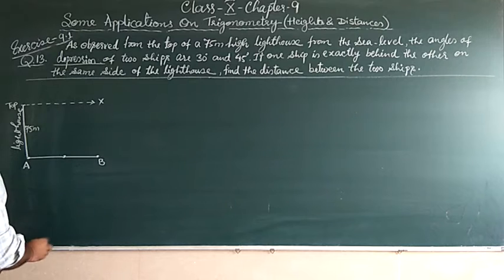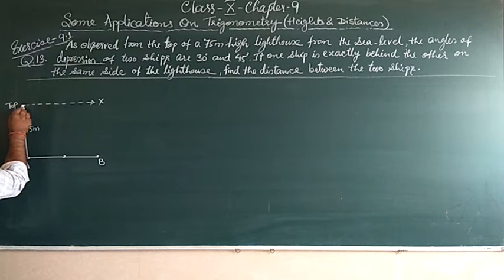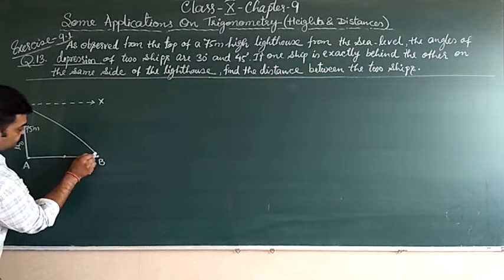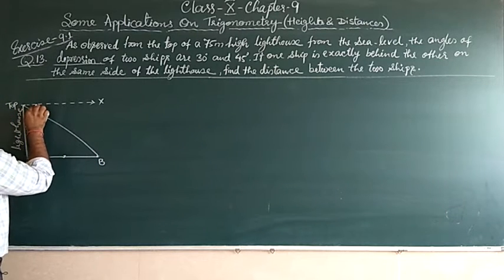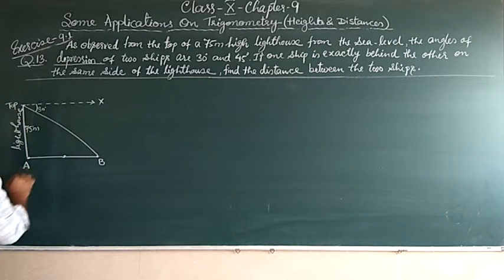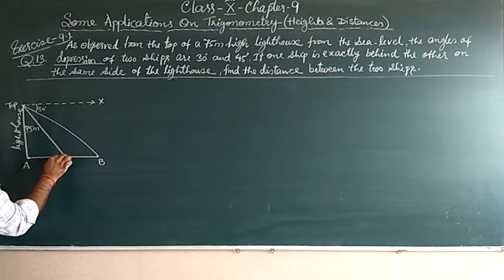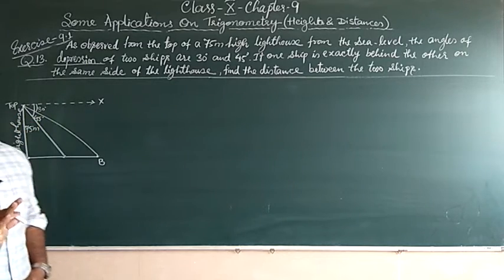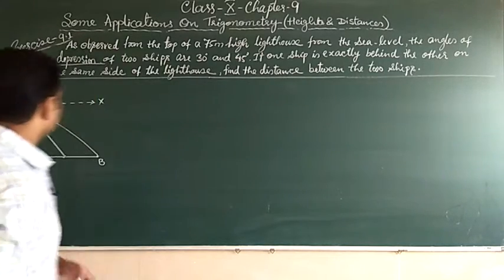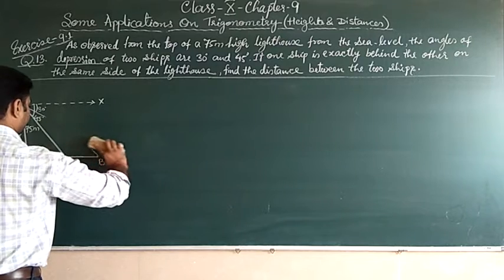Now angle of depression of this ship is 30 degree, and angle of depression of this ship is 45 degree. This you have to draw. Okay. Now, see one thing.